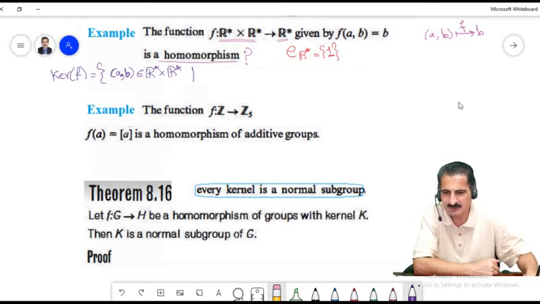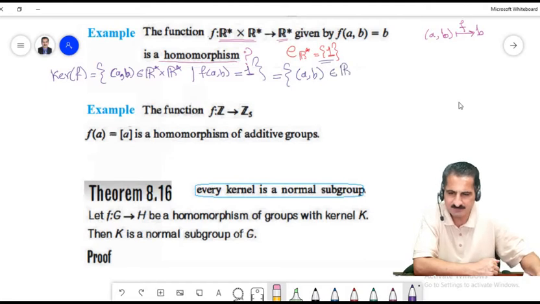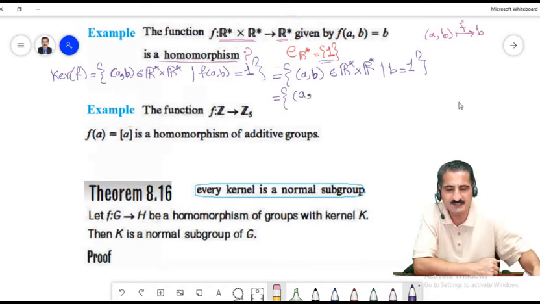Let me write all these things in detail. That means it is the set of ordered pairs from R star cross R star such that the image of this element, which is b itself, equals 1. Oh, interesting. So we will take all pairs that have second component 1. So the kernel is the set of (a, 1).